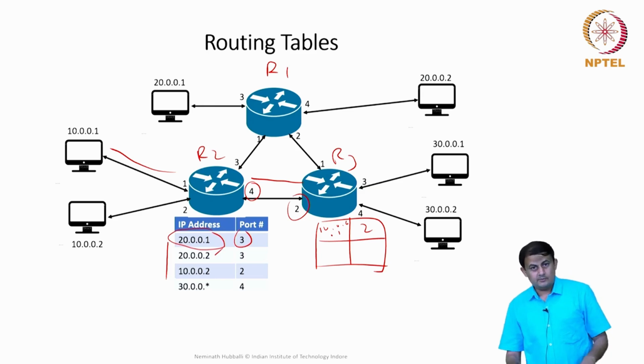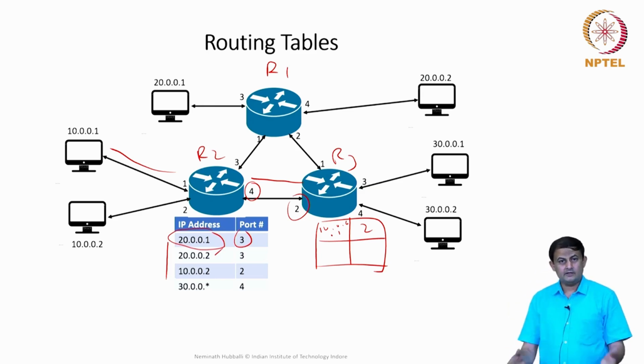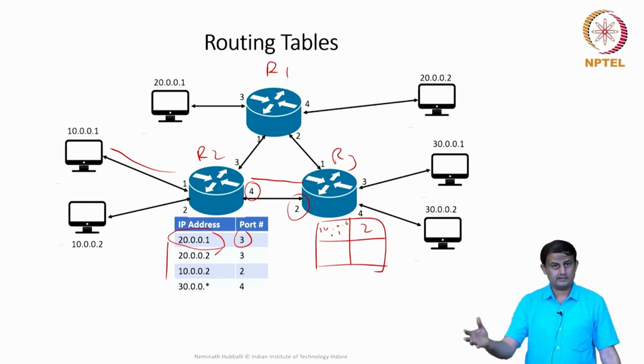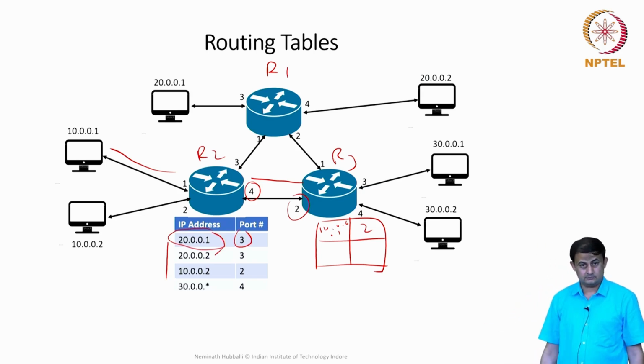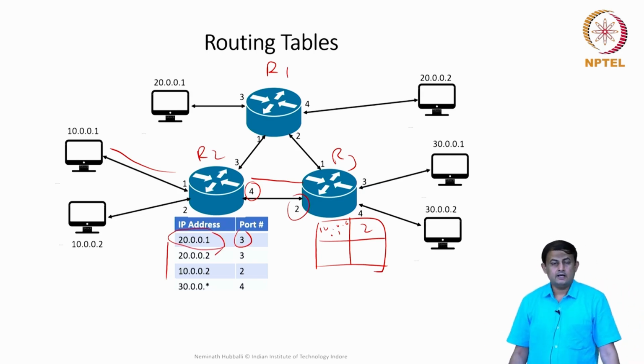So this job of routing is the fundamental job of any router. A router is supposed to route the packets to the corresponding destinations, and that is the primary job. In addition to that, there are some other things that routers typically do, and we will understand what those are.